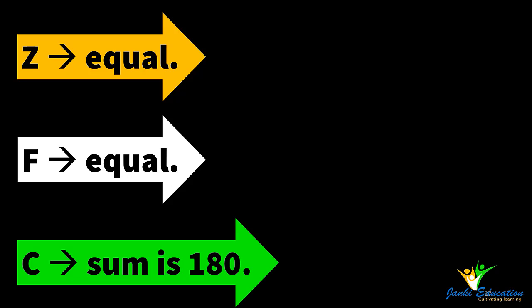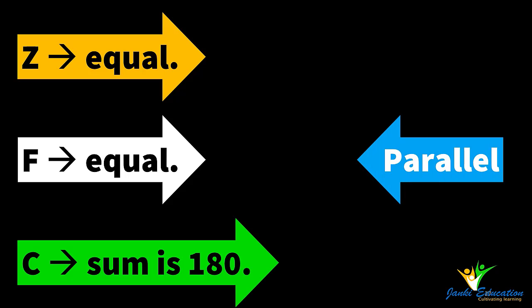If the angles in C shape, that is co-interior angles, if you add both of them and it gives you 180, if any one of these conditions is being fulfilled, then you can say the lines are parallel.